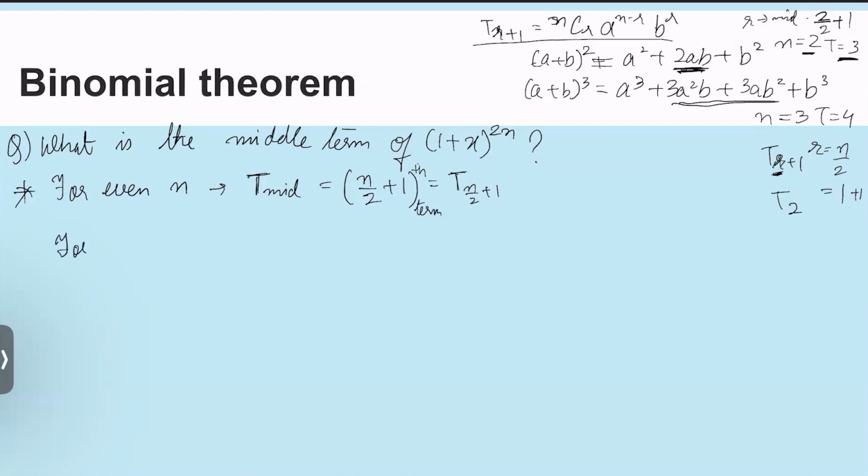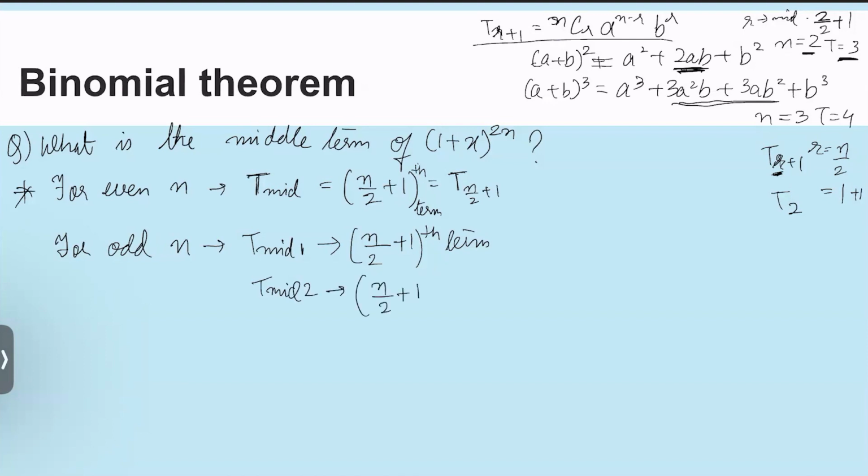And for odd power or odd n, you will have two middle terms. Okay, so the first middle term would be your (n by 2 plus 1) term, and your second middle term will be (n plus 1 by 2) plus 1.